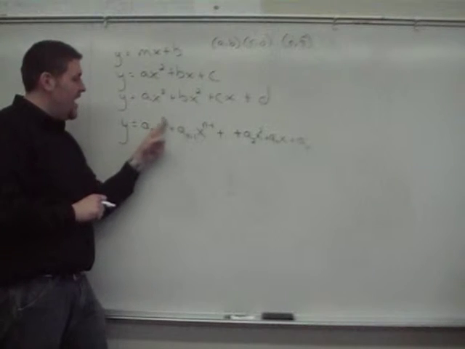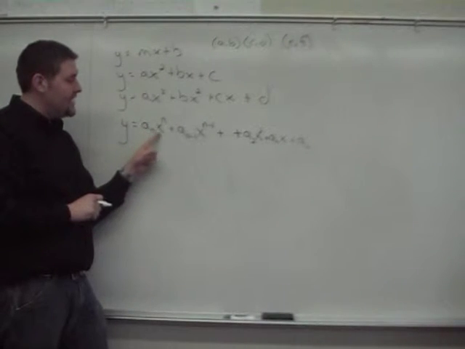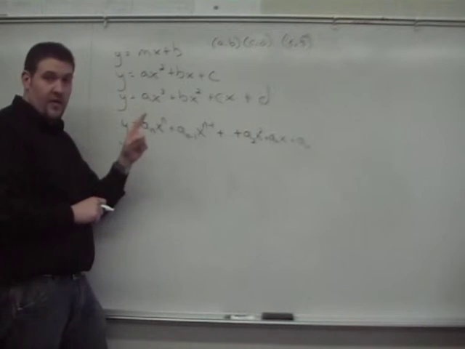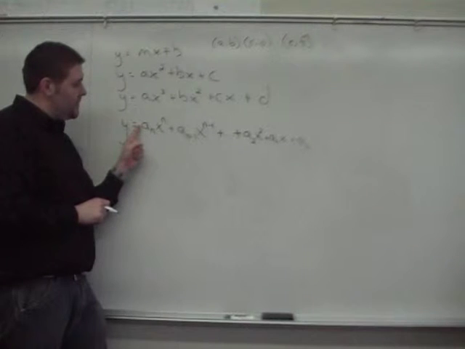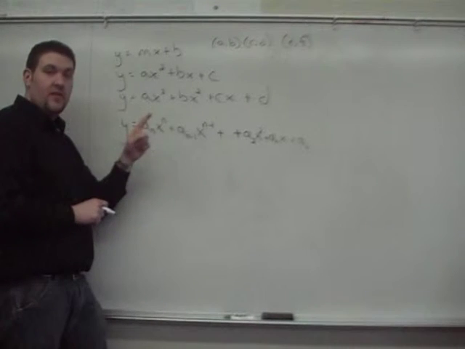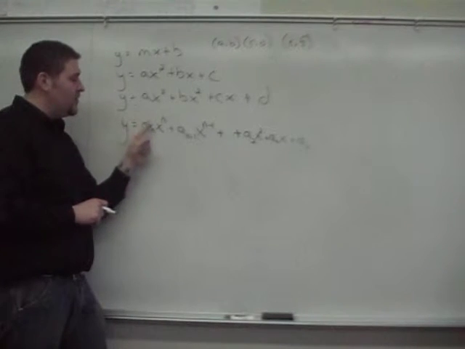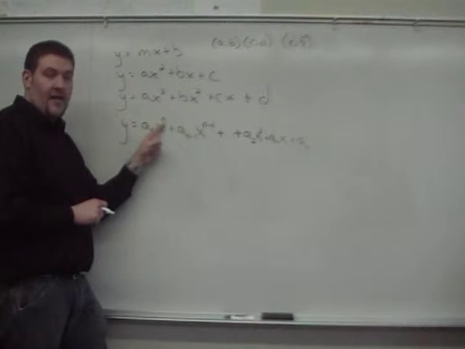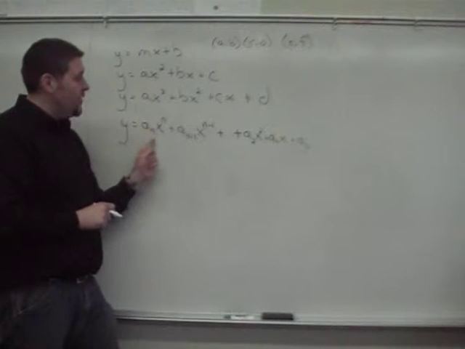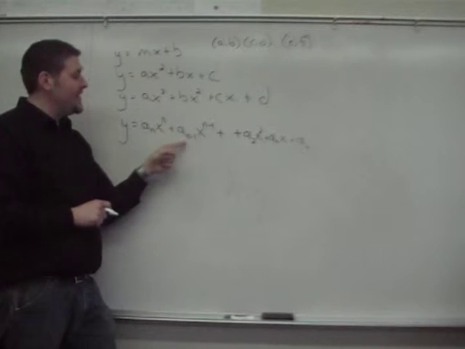So if that were the 8th power, for instance, this would be a sub 8 x to the 8th. If this were the 10th power, it would be a sub 10 x to the 10th. If this was the 100th, it would be a sub 100 x to the 100th. So this notation allows us to say which coefficient we are on based on the power that's on x. And then the next one down would be 1 less than n.